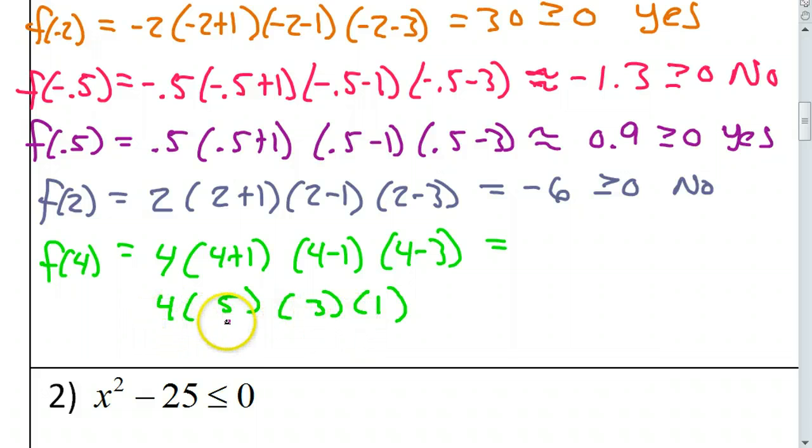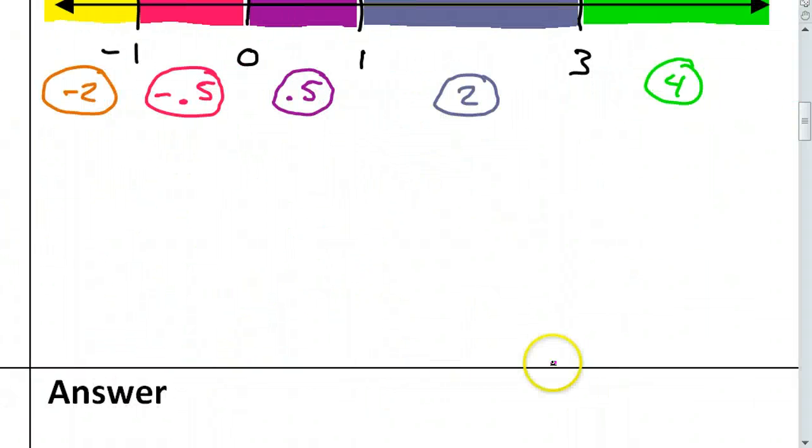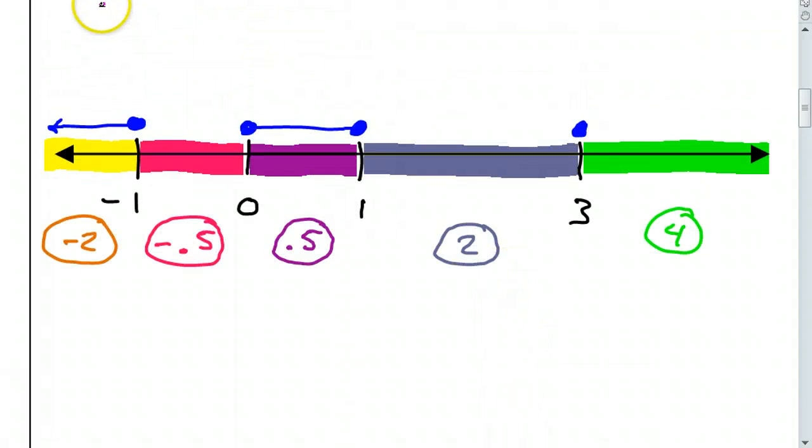Okay, so 4 times 5 is 20, and 20 times 3 is 60. Okay, is this greater than or equal to 0? Yes. So that means the green zone has the solutions. So we will go ahead and show that the green zone is full of solutions by drawing an arrow for the green zone.